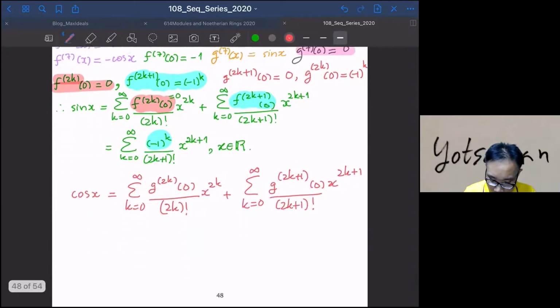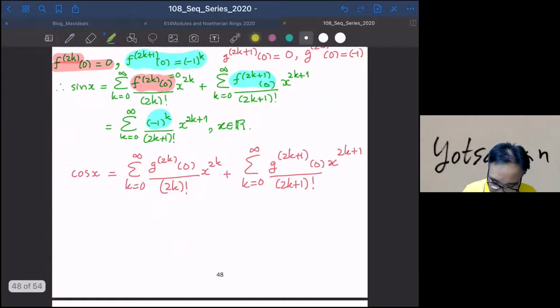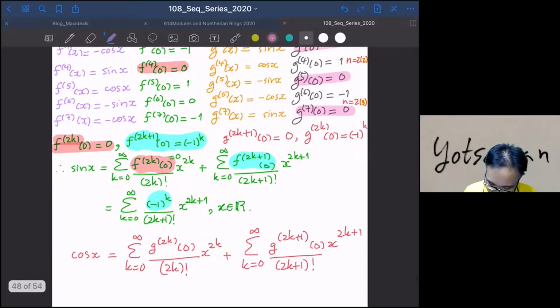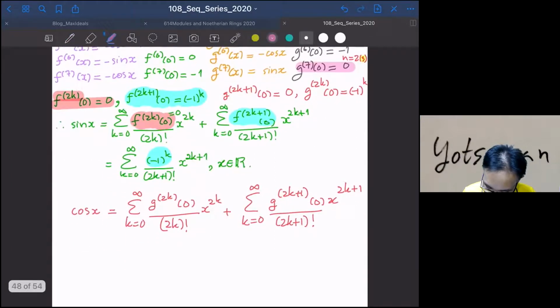And you have the pink one, which will be equal to 0.